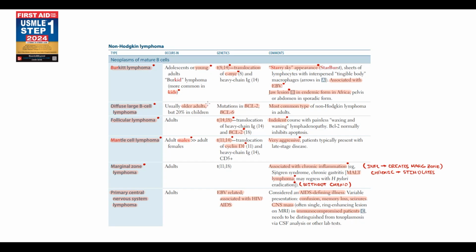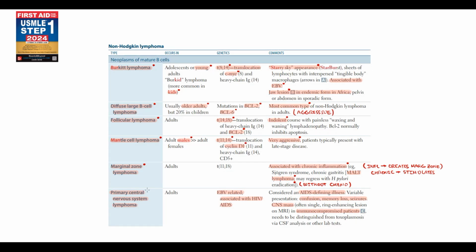So, diffuse large B-cell lymphoma usually affects older adults, caused by BCL2 and BCL6 mutations, and it's the most common lymphoma in the adult population. Important to note that unlike the indolent lymphomas, diffuse large B-cell lymphoma is actually potentially curable with treatment, which makes early recognition critical.